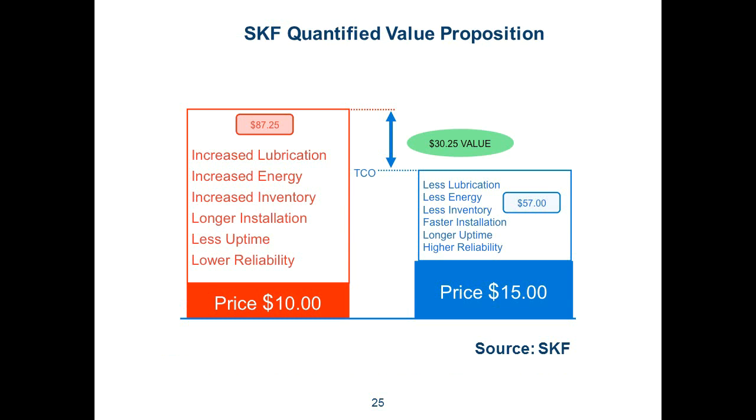They have a global president of value propositions, and they tailor their value propositions to each customer. This shows a generic example, but from this it can be seen that over the life of the bearings, the significant premium over the bearings of competitors saves the customer $30.25, representing the quantified added value.